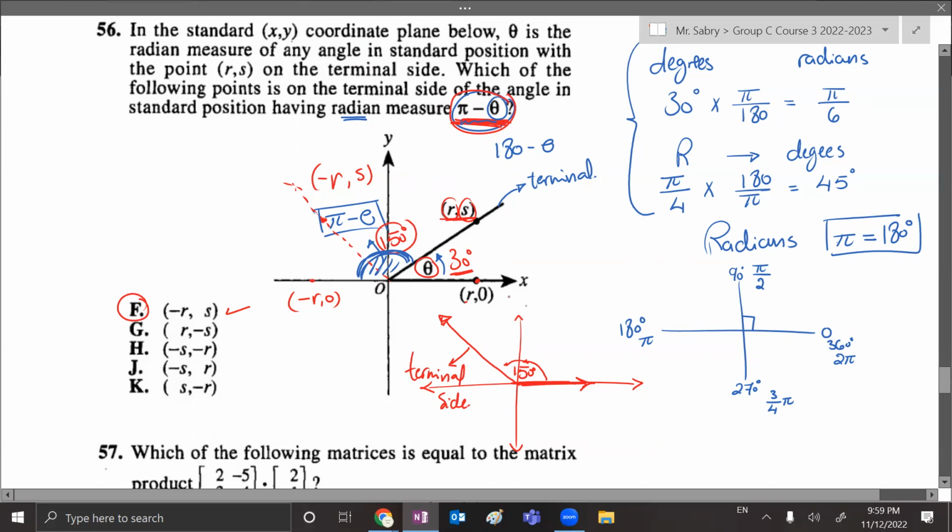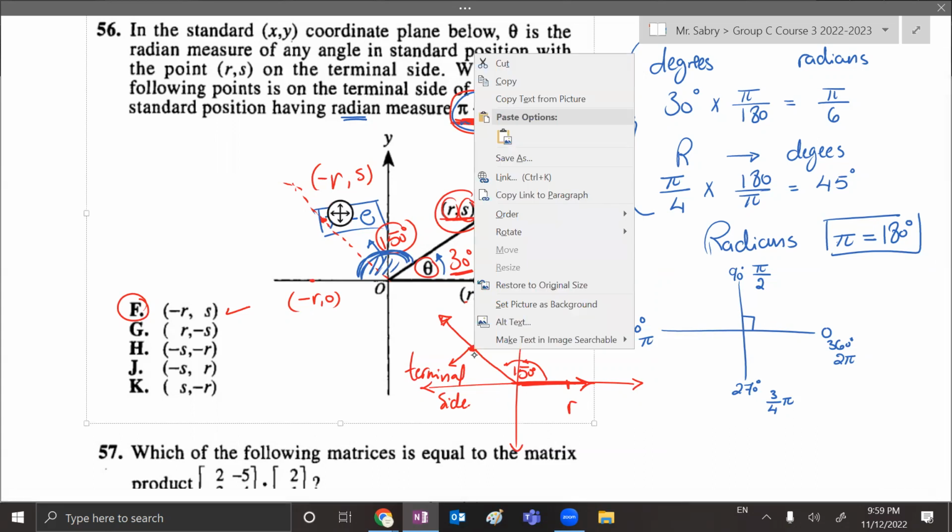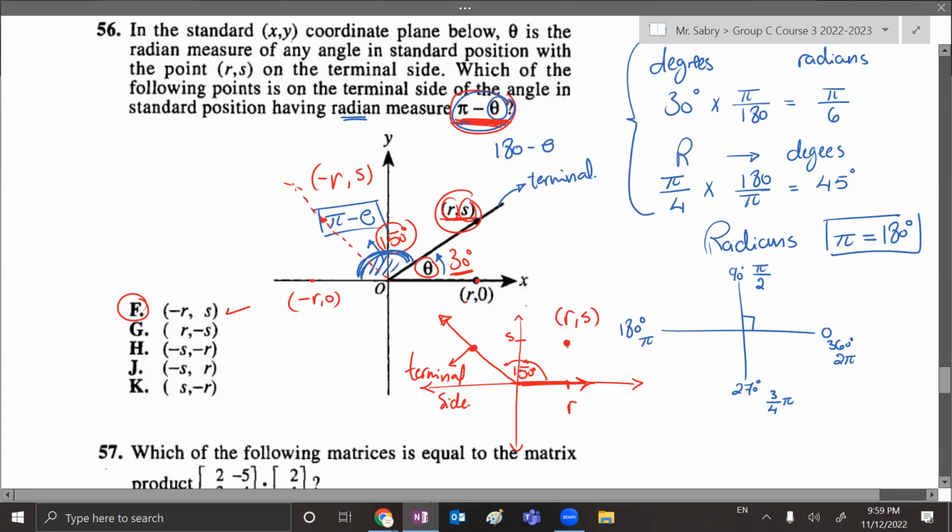So they want to know which of the following points could be on that terminal side. I know for a fact that there's a point here, which is this point. It has an x coordinate of r and a y coordinate of s, right? So that point is r and s. Now this other one here would be the exact reflection of it.